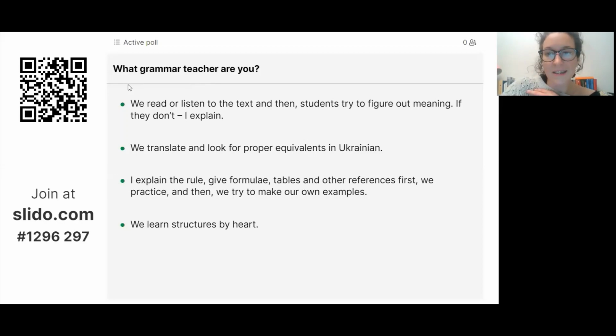No, not in the chat. You go to slido.com, enter this code, and choose what is true for you. Or you scan the QR code and choose what is true for you. This is a survey, and it's done on this website. And here we will just see the results.